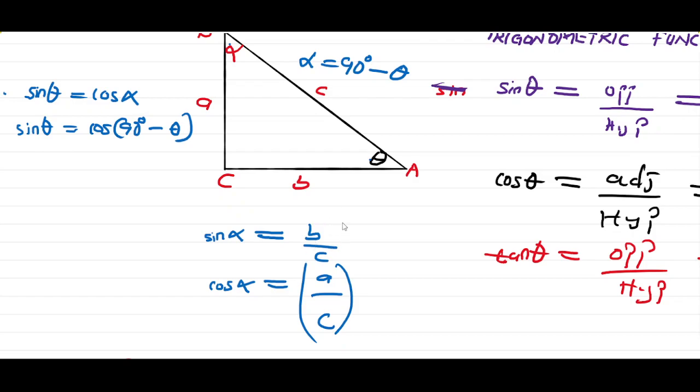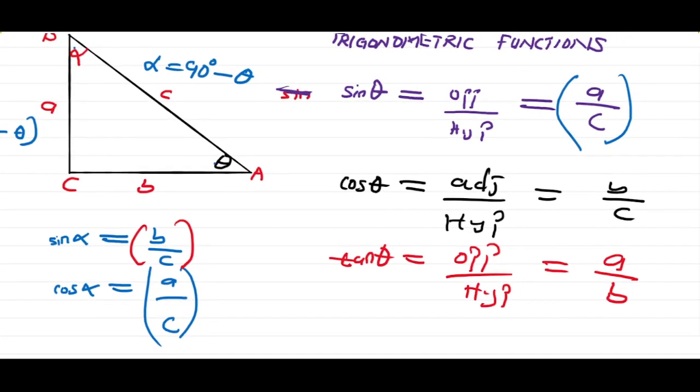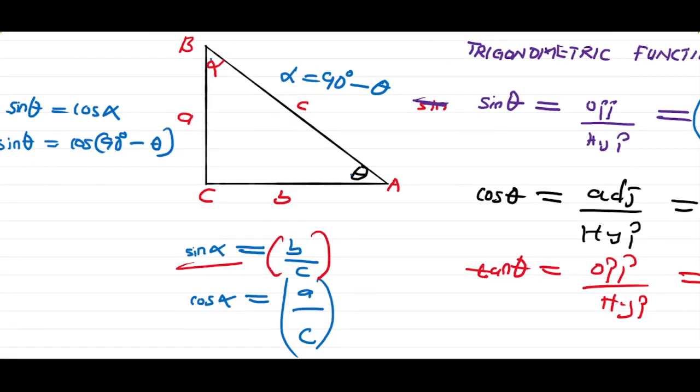And likewise, if you notice here as well, this is b over c, and likewise for the case of this cos, so b over c. So sine alpha is cos theta. Let's write it down.